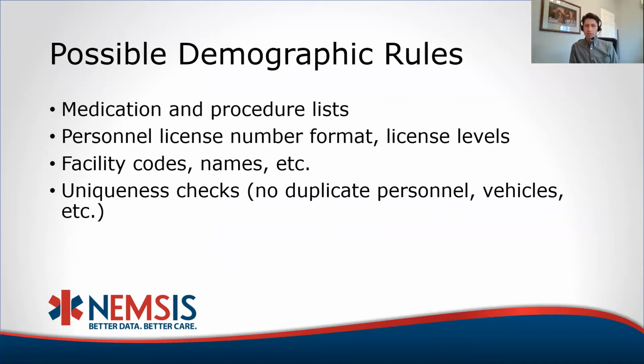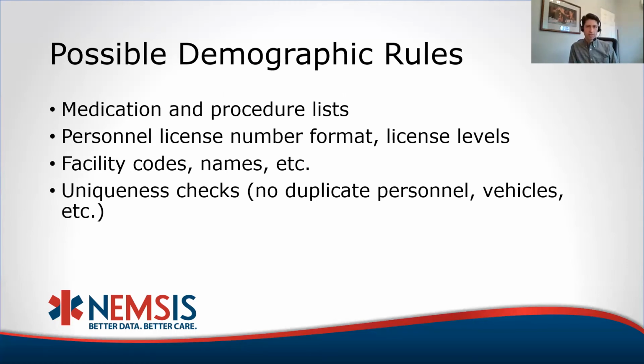And I've listed a few ideas here of things that you could validate. You could check the medication and procedure lists for an agency to make sure they're using the medication and procedure codes that your state recognizes and allows EMTs, EMRs, paramedics, et cetera, to use. You could check personnel license number formats.